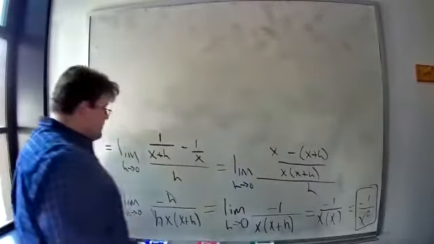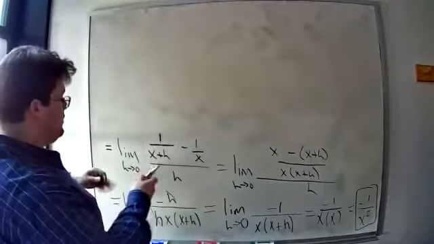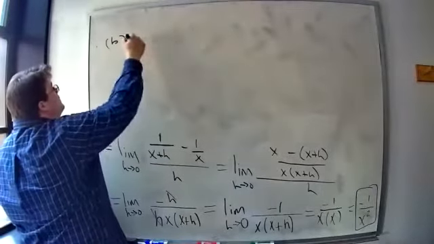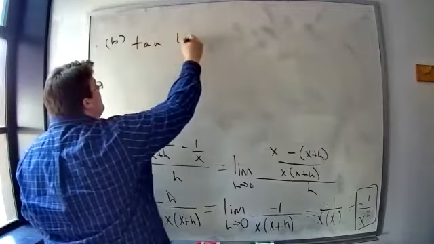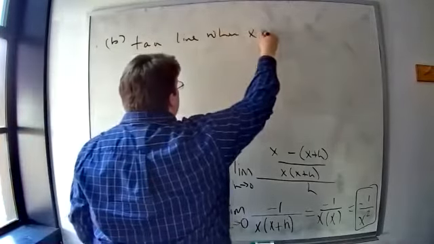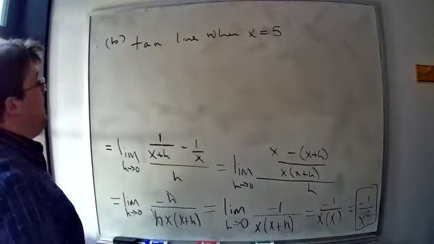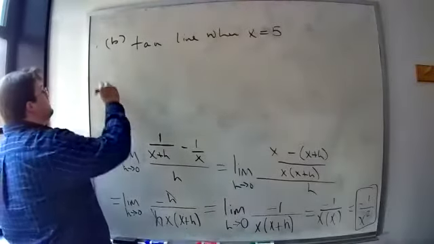So part B of this asks, find an equation for the tangent line to 1 over x when x equals 5. So we need a tangent line when x equals 5. Well, we need a line.